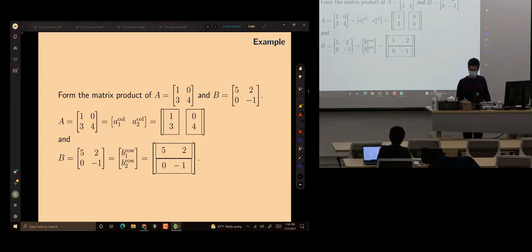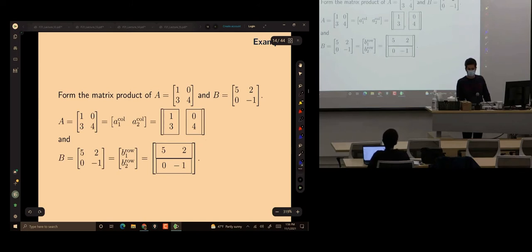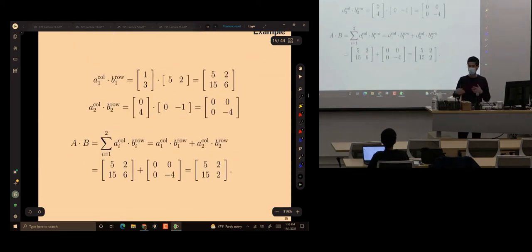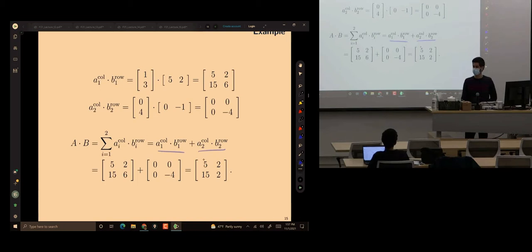An example here, 2 by 2 matrices. I'm not talking about partitioning, but by now you know that we can partition matrices into columns and rows. Then you take the first column times the first row of B, plus the second column of A times the second row of B. This gives you A times B.